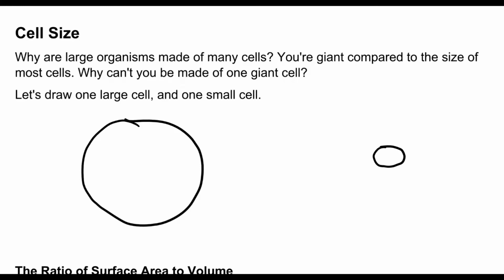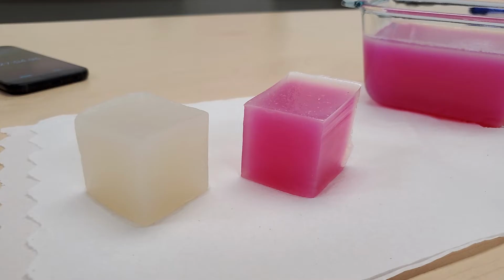Now, what we want to think about is how much time it will take for the nutrients that have already diffused inside the cell or are being actively transported into the cell to get to the center. We're going to test how long it would take for nutrients to diffuse to the center of the cell.